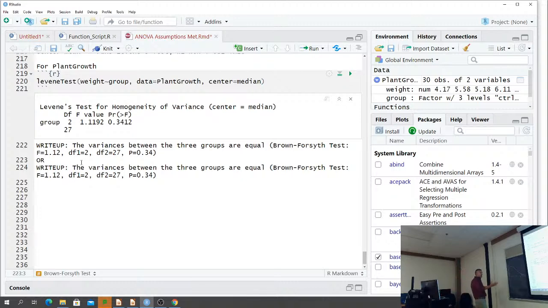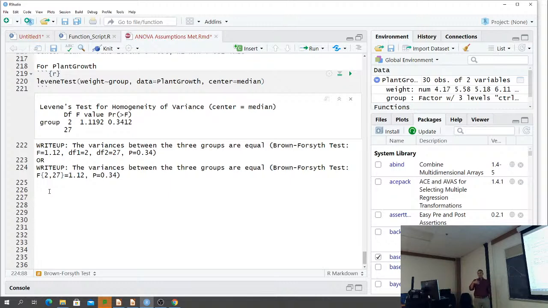Now, I don't like this because we're doing DF1 and DF2. But we can get around that by using subscripts. So for the F, I can put as a subscript 2, 27, and that is sufficient to tell me both of my degrees of freedom.